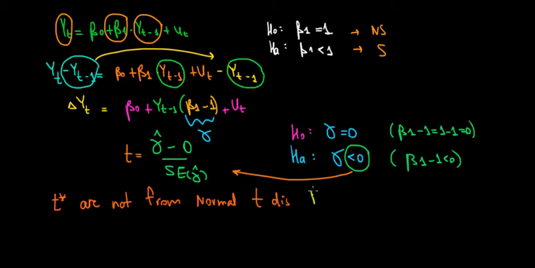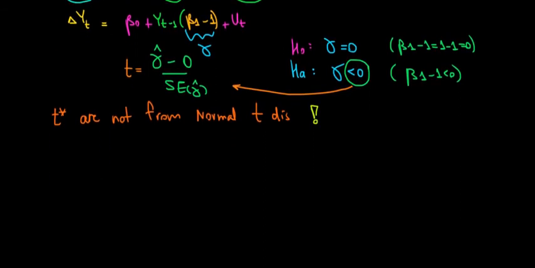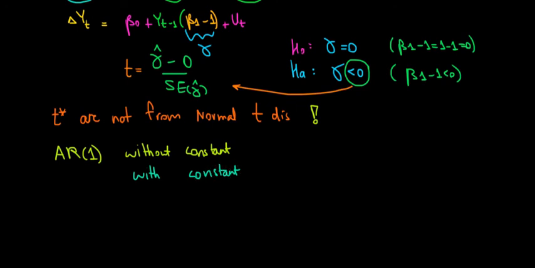And we also have one more thing that matters, which is what kind of test we are doing. Are we doing a test on the regular random walk where we just have an AR1 process without any constant? We could call the constant a drift. The other option could be that we have a constant, and the last option is that we have a constant and a trend.